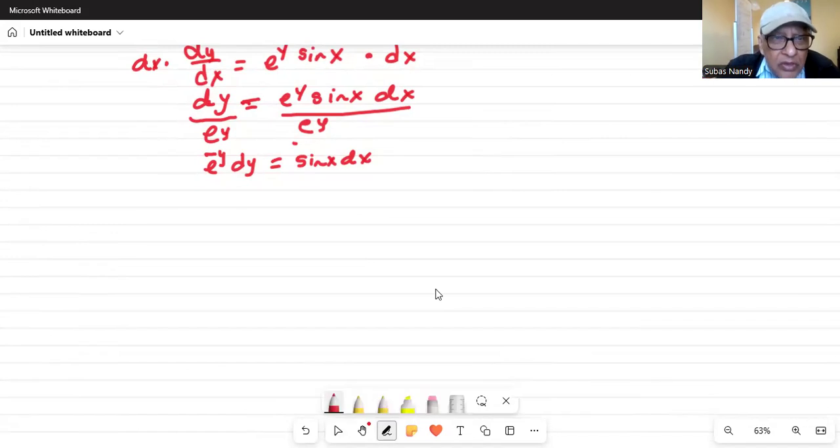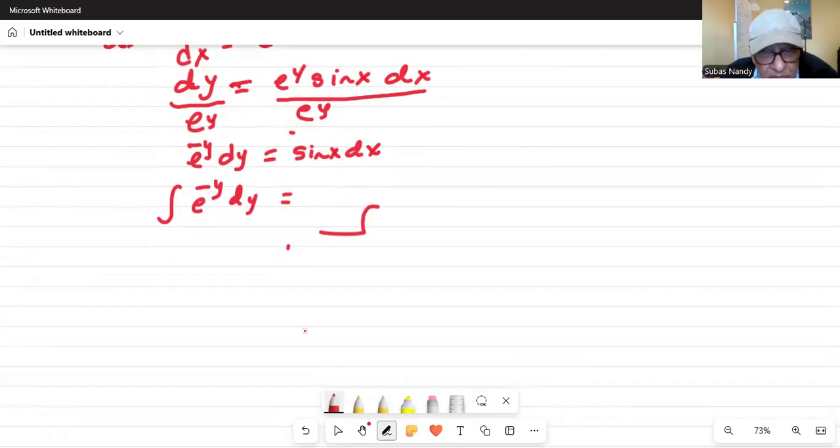So now let's create some space here and try to do the integration. So I integrate on both sides. Integration of e to the power of minus y dy is equal to integration of sin x dx.